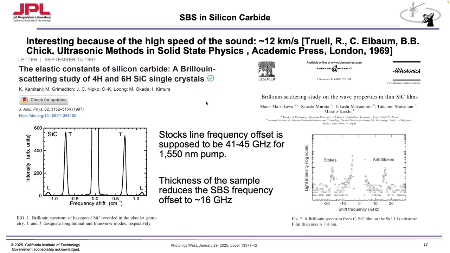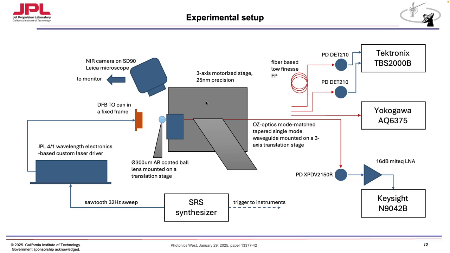What is interesting is that in the literature there are not many studies and not many results reported, but interestingly, in thin films people observed both Stokes and anti-Stokes scattering, and the frequency of the scattering was significantly smaller than the expected Brillouin scattering frequency in the bulk. So we decided to try it in a microcavity, and our setup is shown approximately in this diagram.